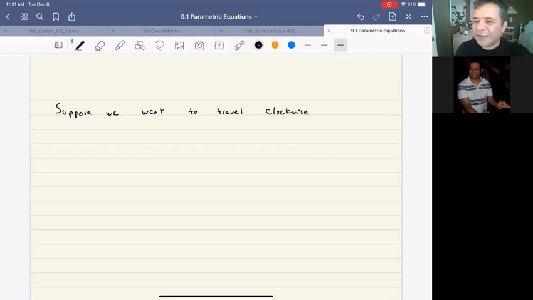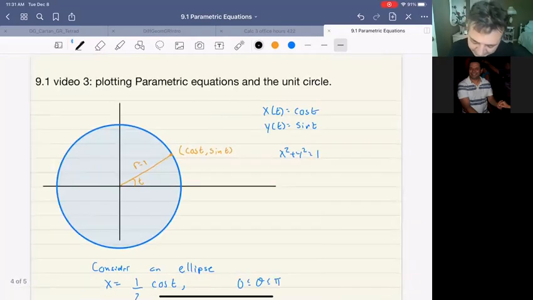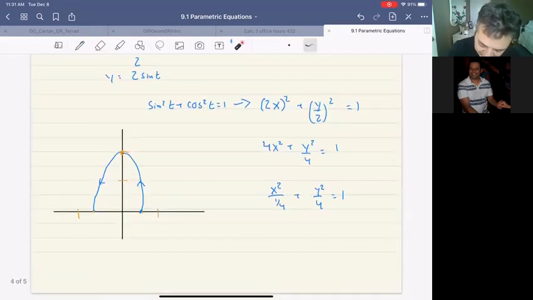And starting, instead of at that point right on the right side, which all of our others started at, this one starts here. I want to start, let's say, at the top of the circle.